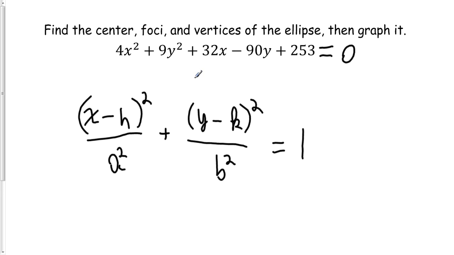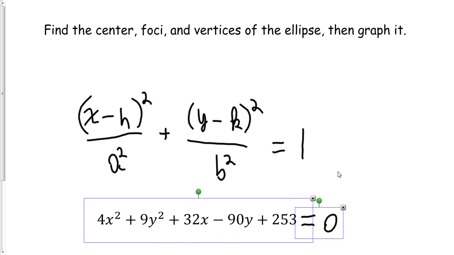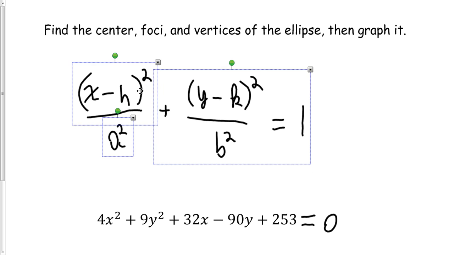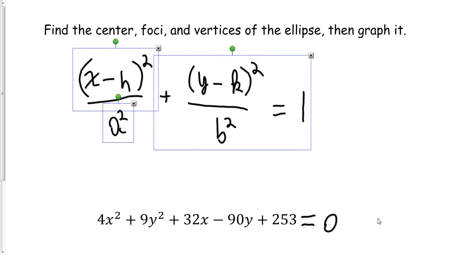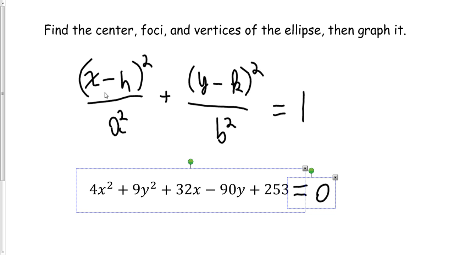All right, so let's go ahead and try to get that equation in this form. Let's bring it down a bit and bring this up. So that's what I'm aiming for right there, and this is what I have so far. What I need is two binomials being squared, and denominators that are constants.